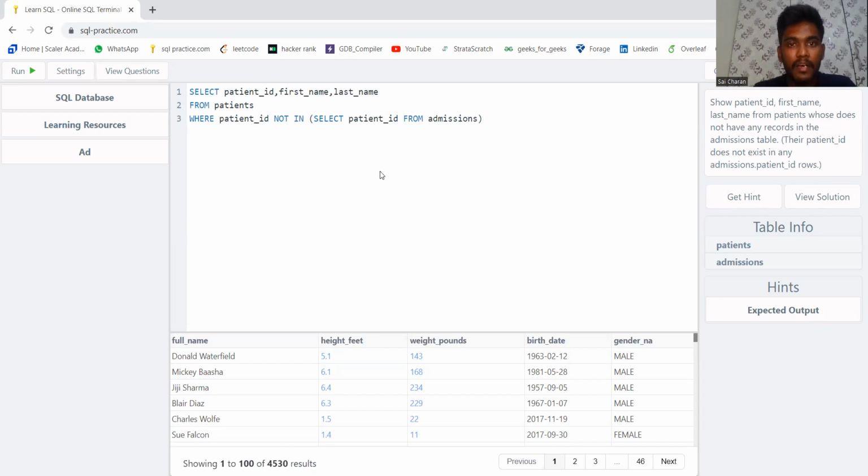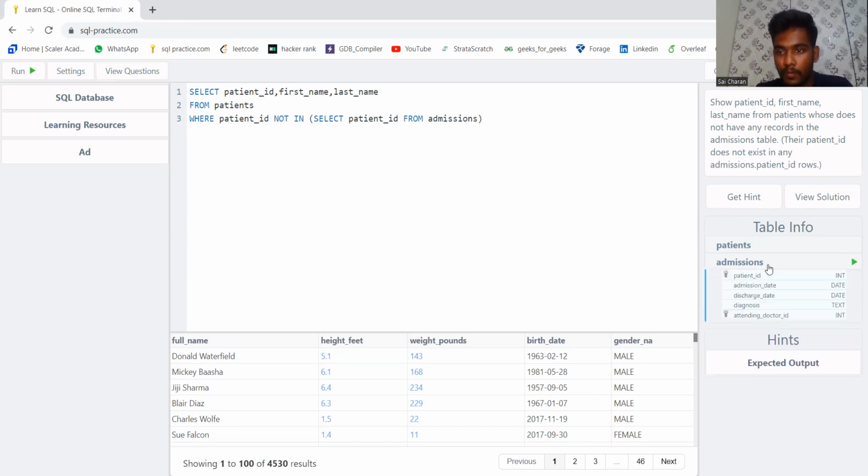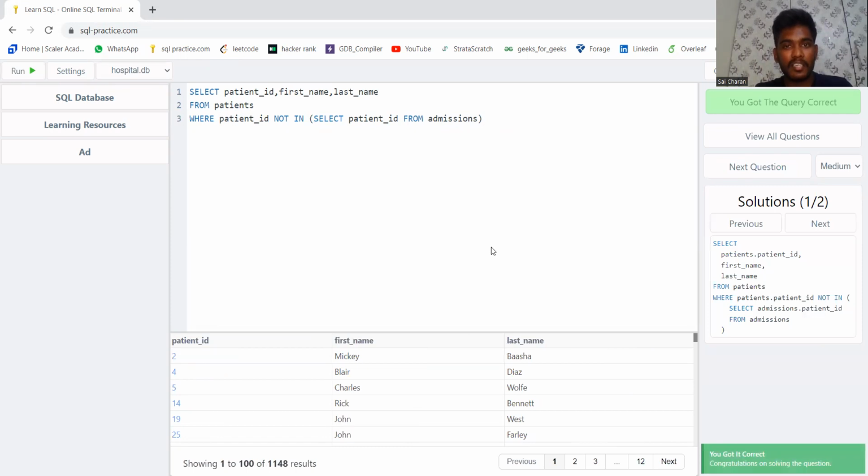Here I'm extracting the patient ID column from the admissions table, and it forms a list of patient IDs who are admitted. Now I am checking patient IDs from the patients table that are not in this selected list. If they are not present, we will select them. Let's check it. Yes, we got the correct answer.